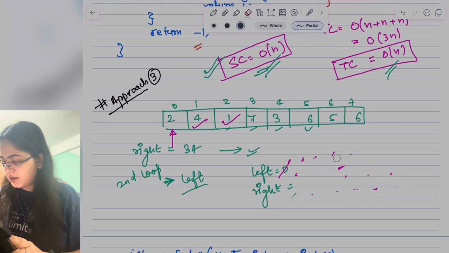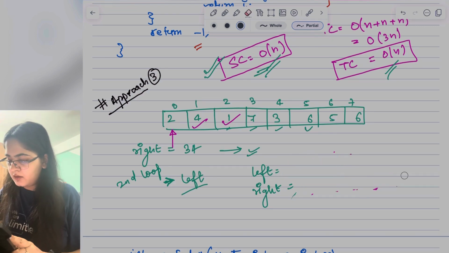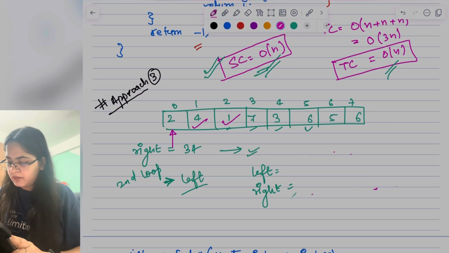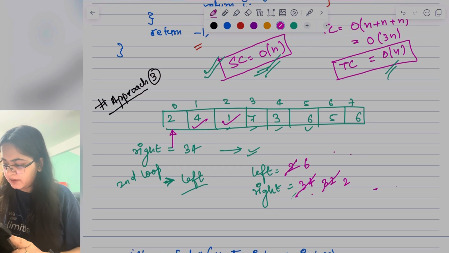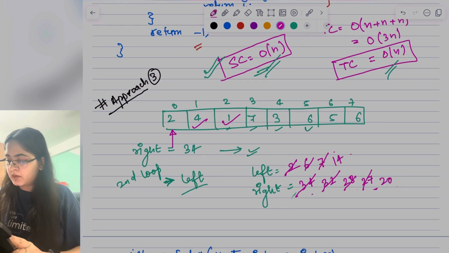Let's run it again. So I'm adding this to here. This is 34, so I'm making it 32. Then this becomes 6, and this becomes 28. Then this becomes 7, and this becomes 27, right? Then this becomes 14, and this becomes 20, right?